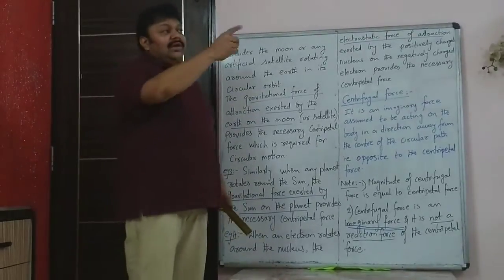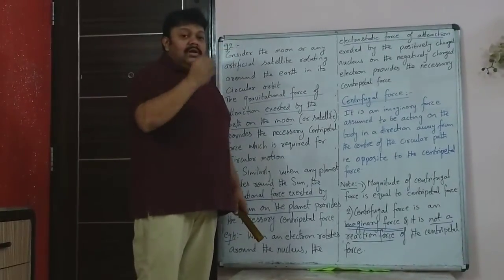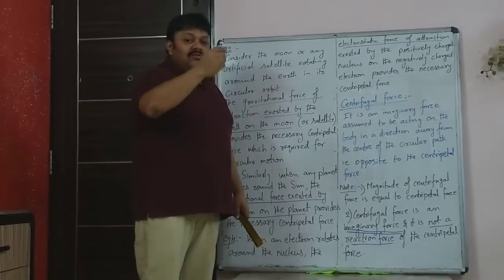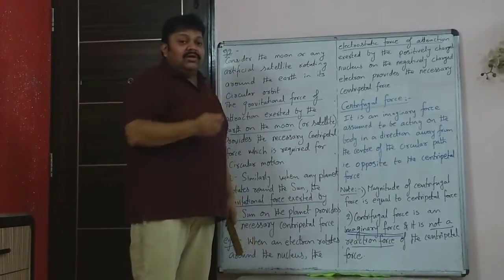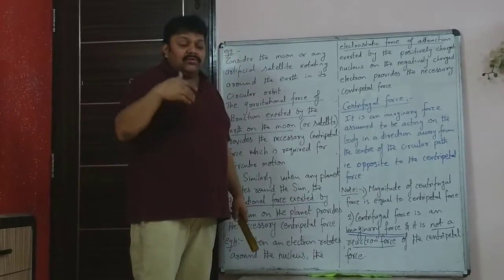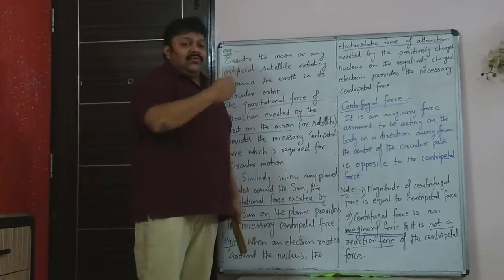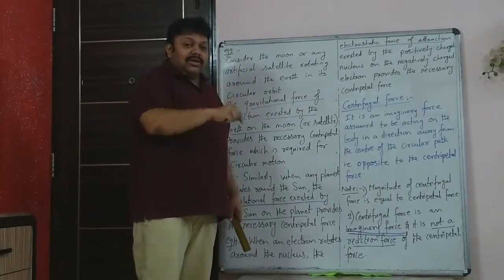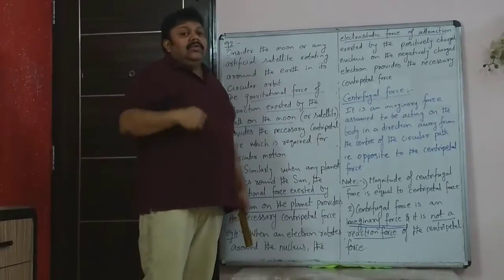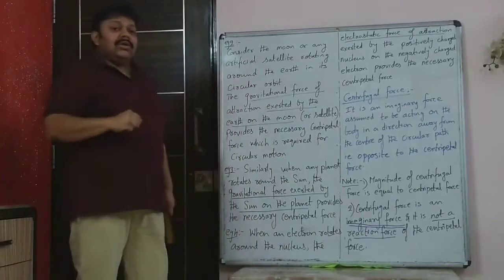So when a satellite is rotating around the earth, there is a gravitational force of attraction. Last year you had learned in Newton's law, force of gravity. That force of attraction exerted by the earth on that planet provides the necessary centripetal force.